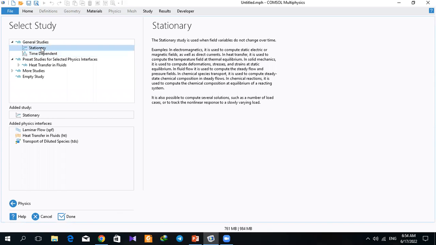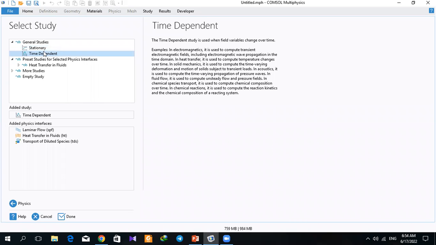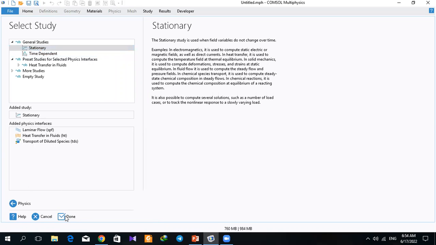But for most reactors, like fixed bed reactors, stationary models are used. For case of adsorbent and non-catalytic reaction, since your solid reactant is going to react, it's changing by time. So you should use time-dependent module in this situation. So in this case, I just select stationary.